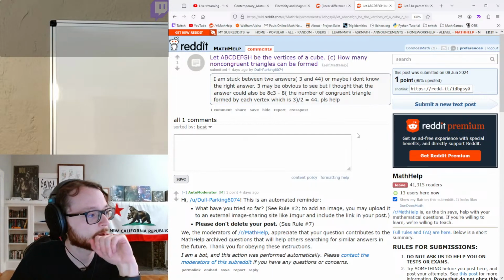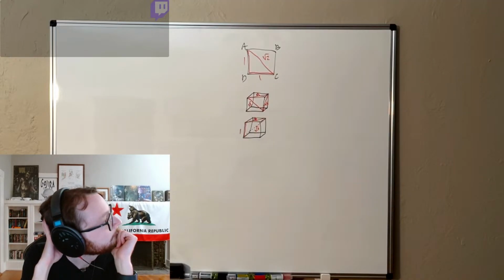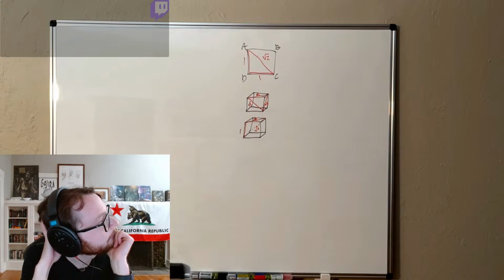But I feel like I've drawn the 3 possibilities on the board. I thought I had another one in my head, but I don't actually see any other possible triangles.